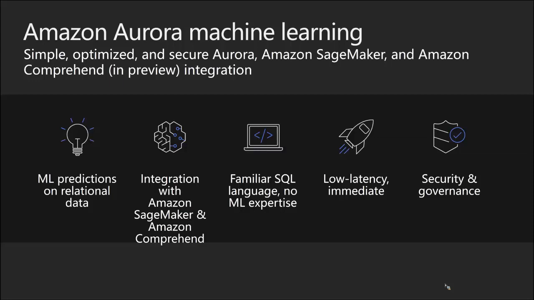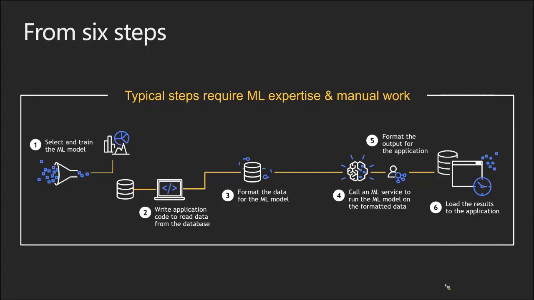So this is suitable for low latency use cases, things like fraud detection, or other things where you need to have the results very quickly. And the security and governance, since it's Aurora, it's still being done by your database, and you don't need to run it externally. So let's look at how the steps would be collapsed.